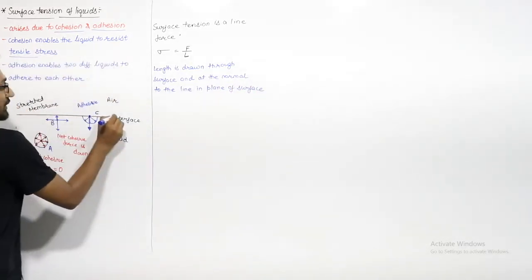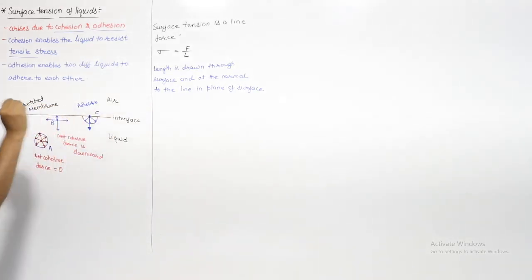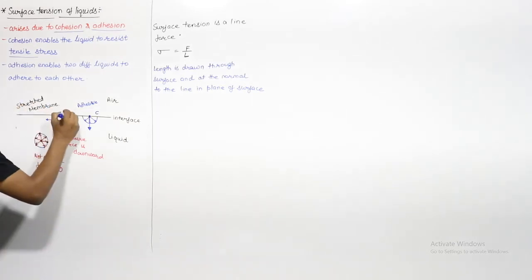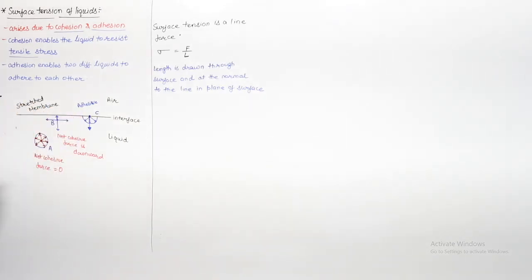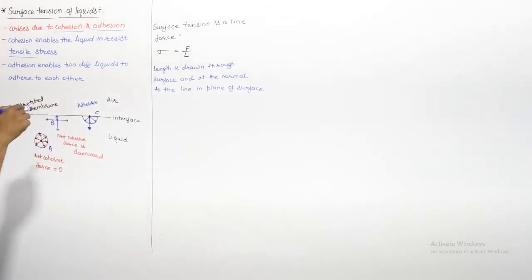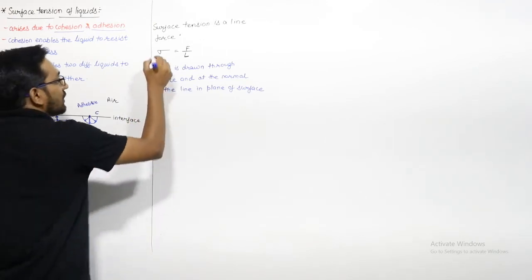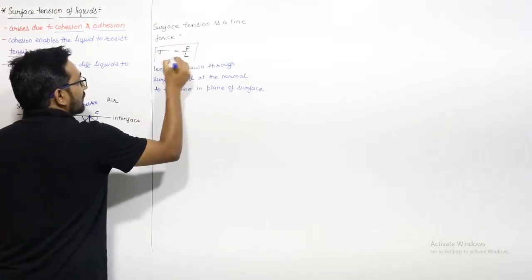This is the plane of surface, this is the line in the plane of surface, the line which is in this direction. If I draw a line in this direction, inside the board, this is the length which we have to take into account to calculate the surface tension.